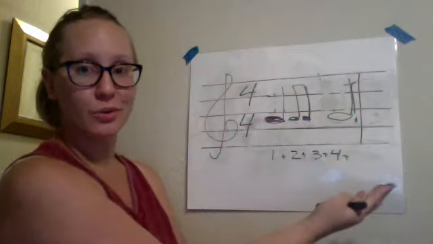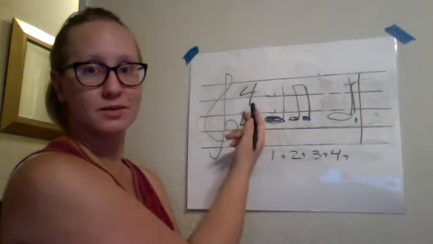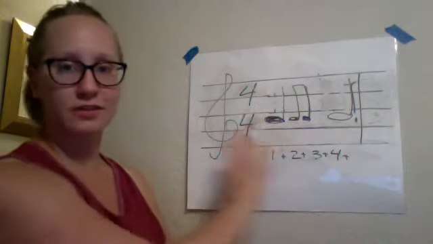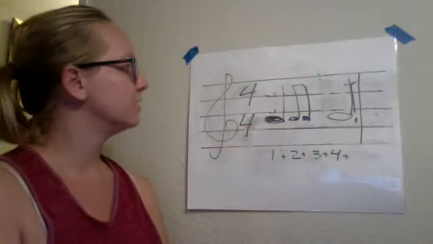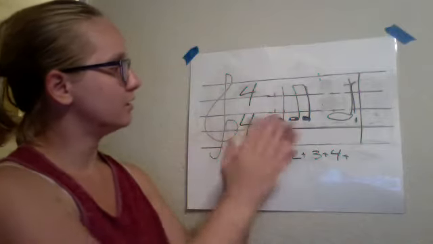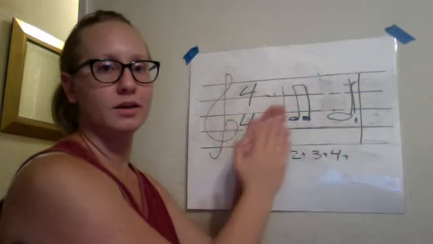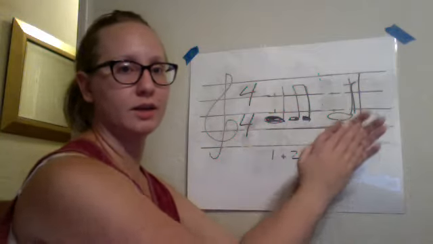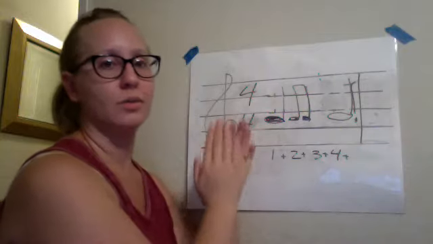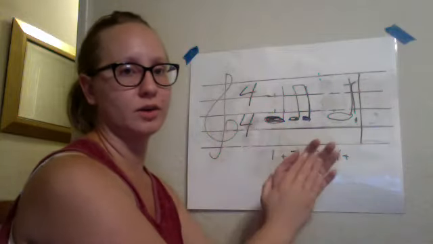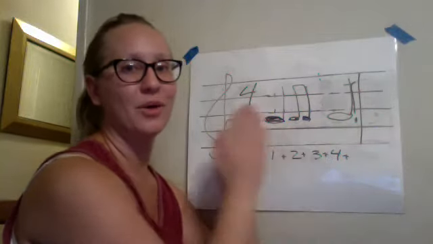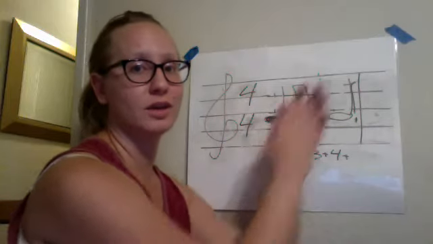That all equals 4, right? Because there's 4 beats in a measure. So this all fits. It's kind of like a fraction. So 1, 2, and 3, 4. 1, 2, and 3, 4. 1, 2, and 3, 4.